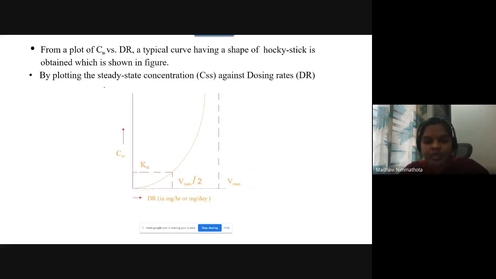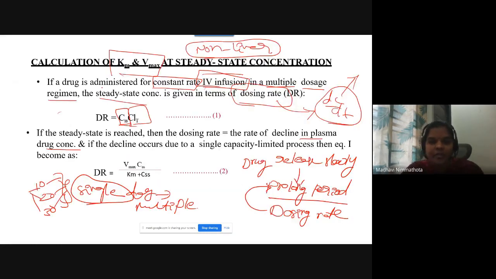So if the steady state is reached, then the dosing rate equals the rate of decline in the plasma drug concentration, when the decline occurs due to a single capacity limited process. Single capacity limited is nothing but it is absolutely following your Michaelis-Menten equation.